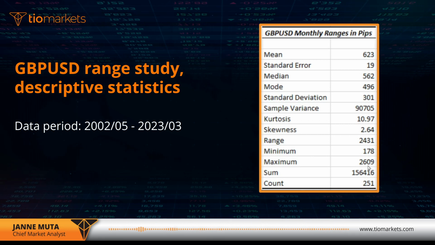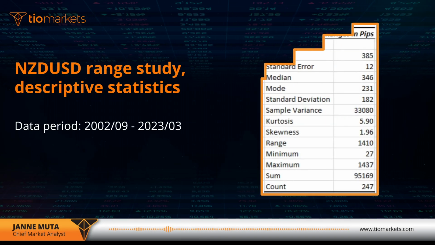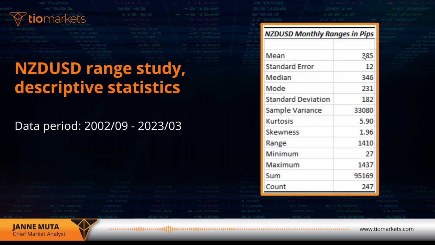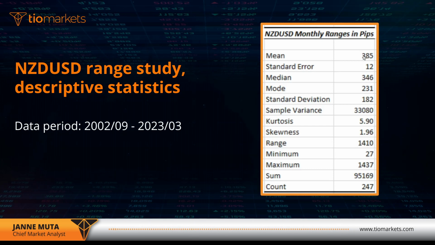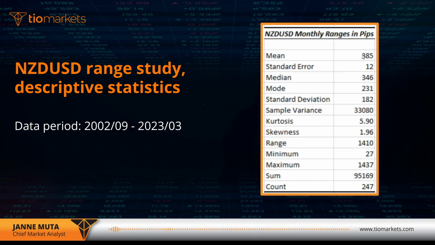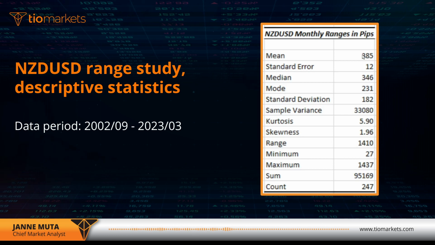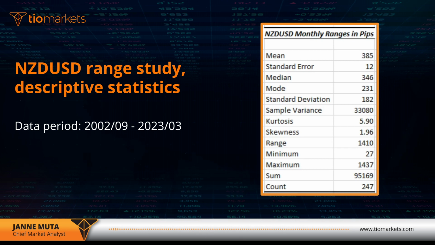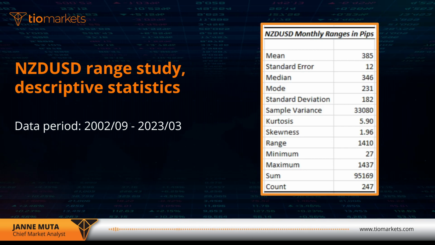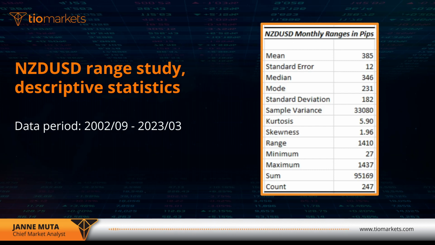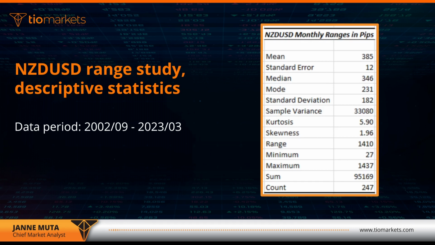And if we compare these numbers to the New Zealand USD range, then the mean is only 385. So the average month is almost one half of what the pound USD range was. Again, these are here to highlight the profit potential in a volatile market versus a market that isn't that volatile.